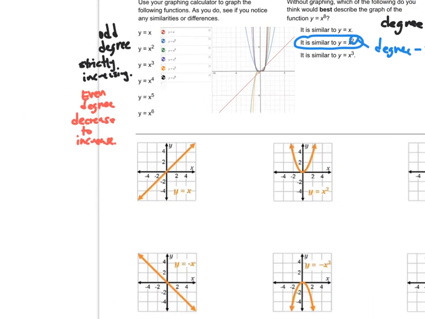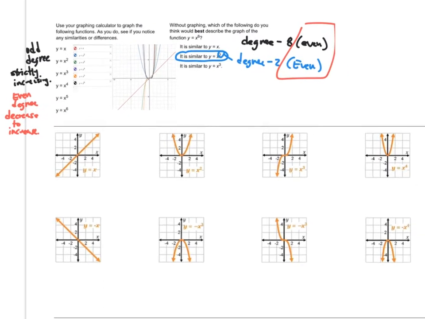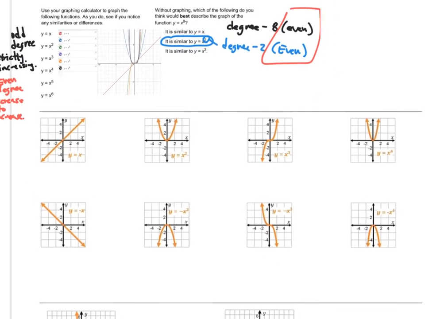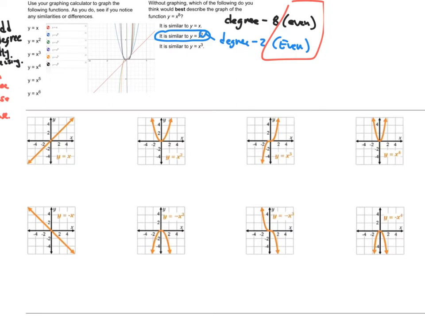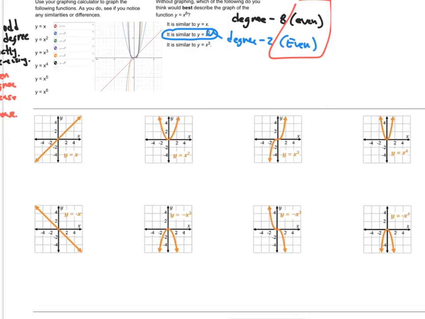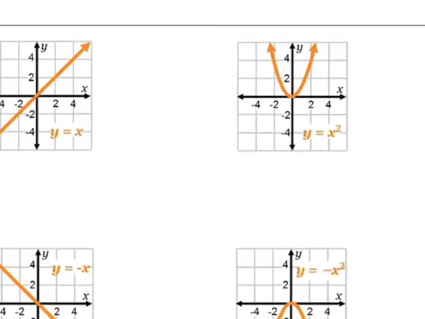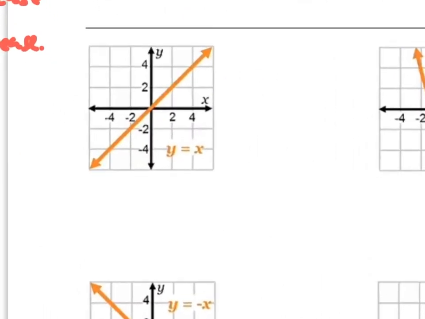All right. So now let's take a look at these problems down here, where it shows what's happening. In this you've got y equals x squared, y equals x cubed, y equals x to the 4th. First things first, let's take our degree, our exponent, which is 1.